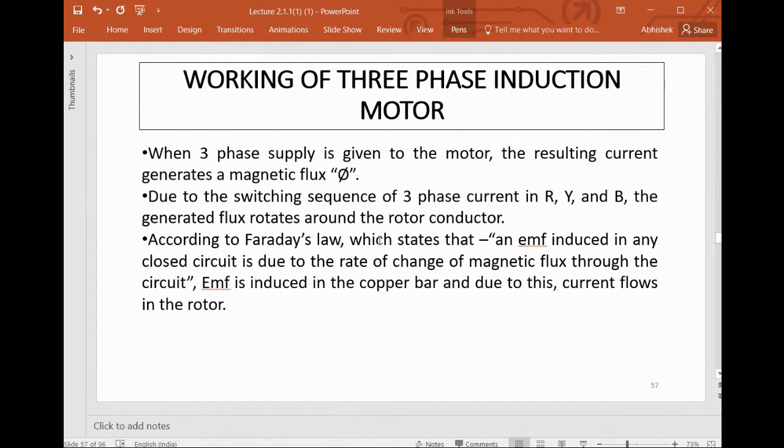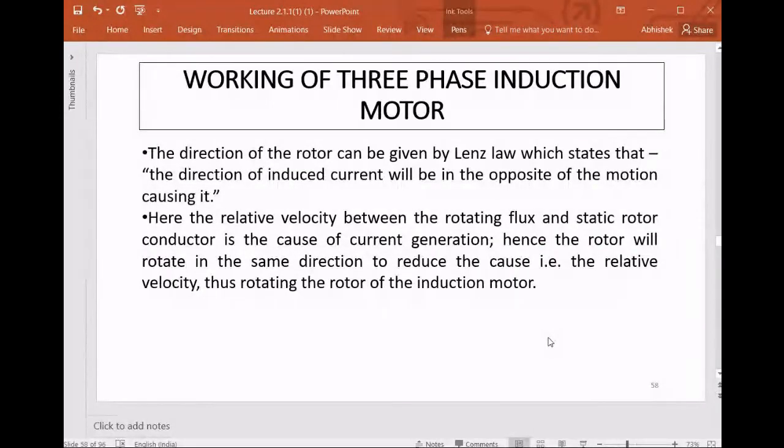According to Faraday's law, which states that an EMF induced in any closed circuit is due to the rate of change of magnetic flux through the circuit, EMF is induced in the copper bars, and due to this, current flows inside the rotor, and its direction can be given by Lenz's law, which states that the direction of induced current will be in the opposite direction of the motion causing it.